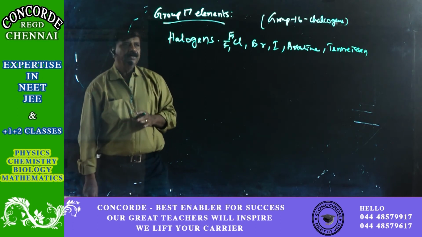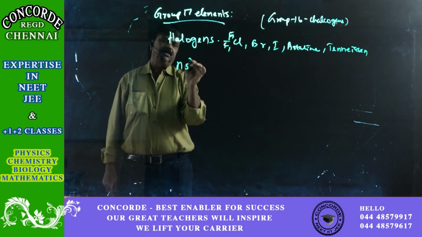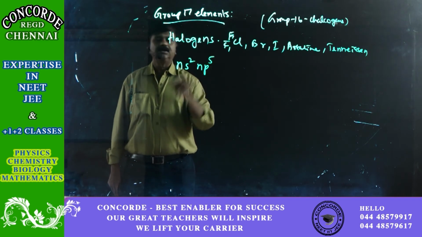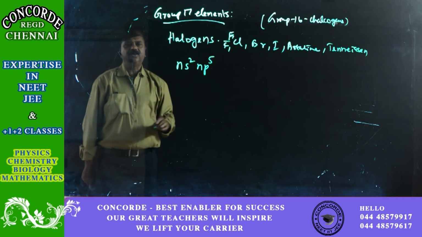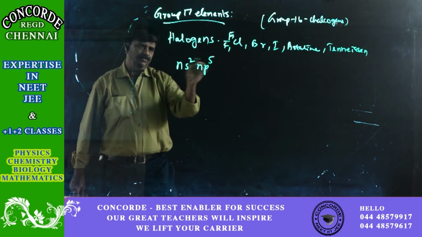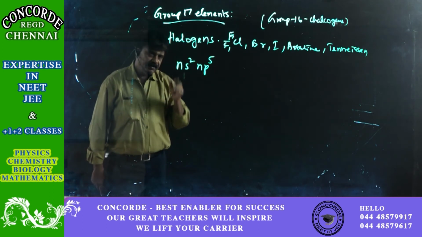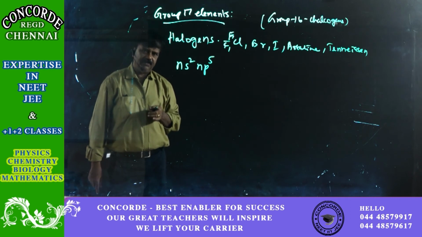Of course, as usual, the electronic configuration is ns2 np5. So it is one electron short of the inert gas configuration. That is, the outermost shell has 7, and it is one short of the noble gas configuration of ns2 np6.